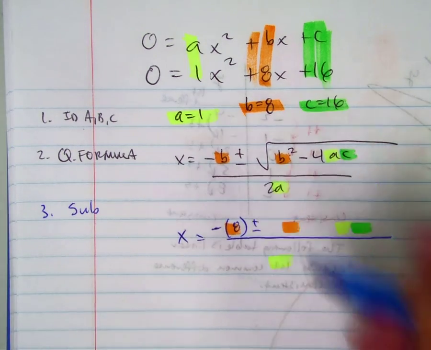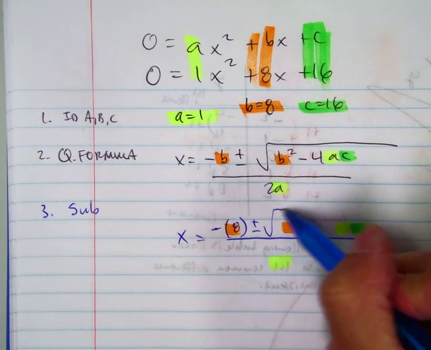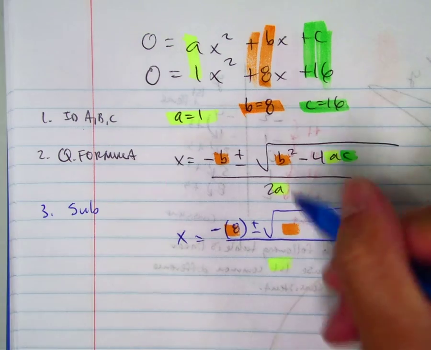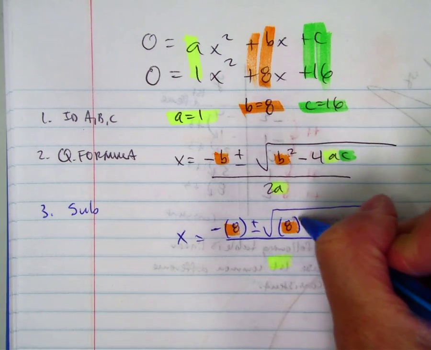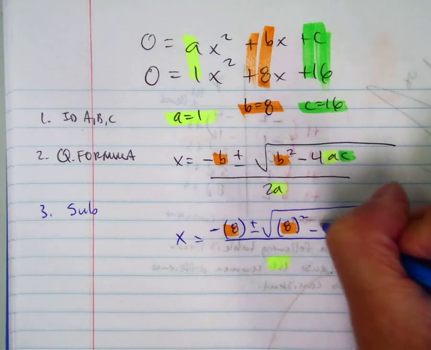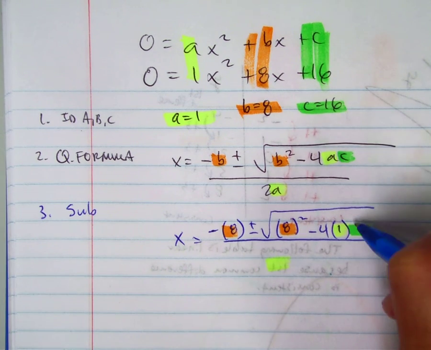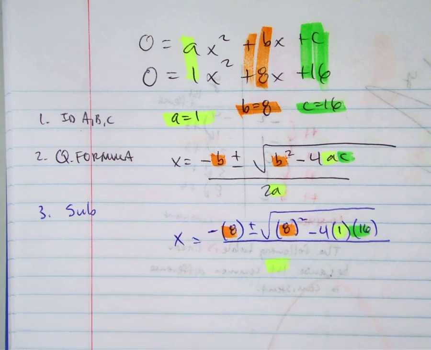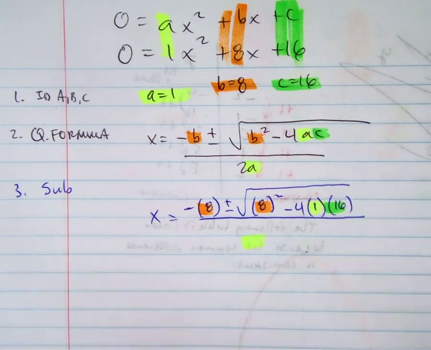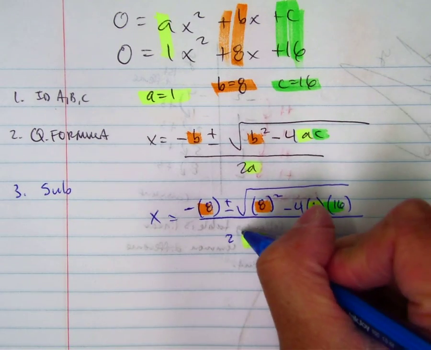Plus or minus. Square root. 1. Divided by 2 times 1.